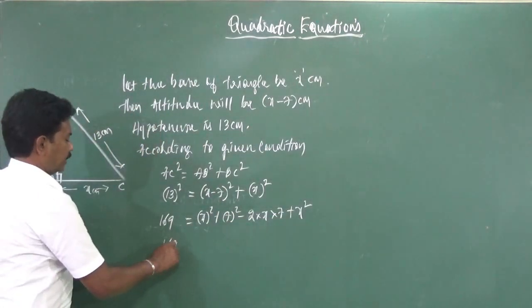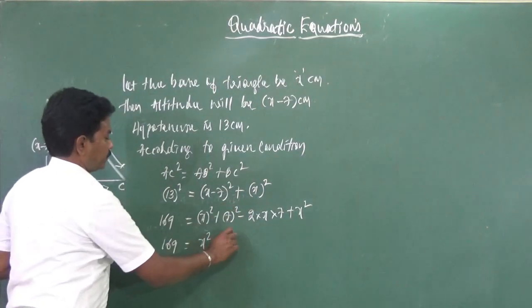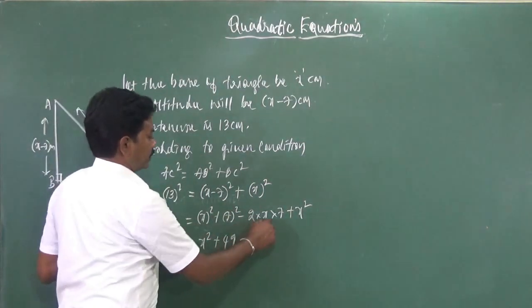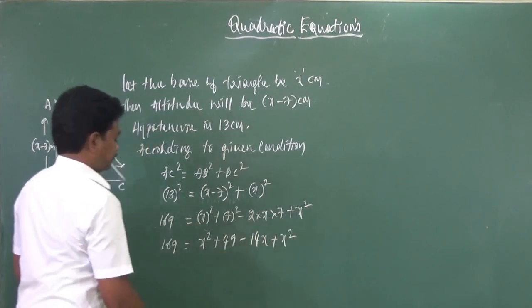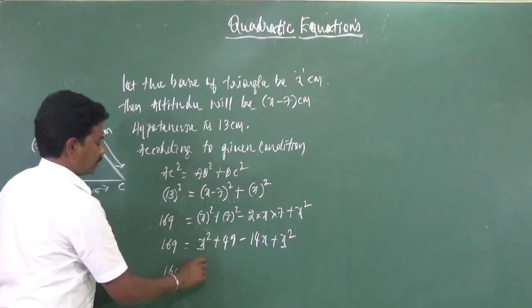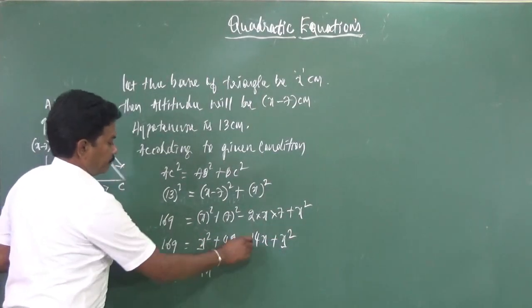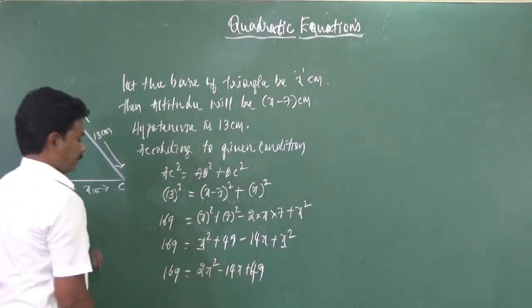So 169 is equal to x square plus 49 minus 14x plus x square. So 169 is equal to 2x square minus 14x plus 49.